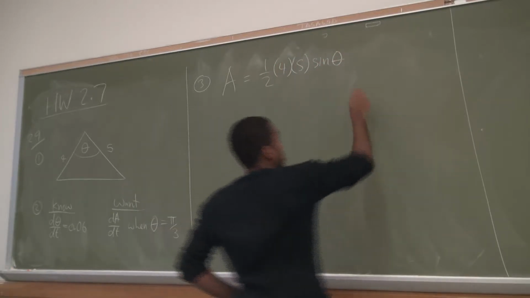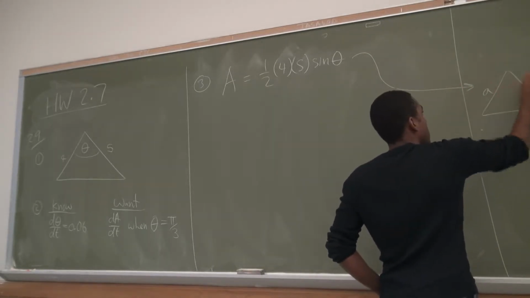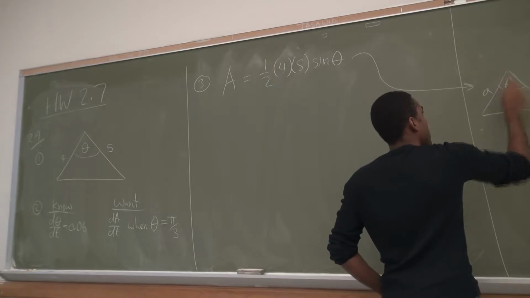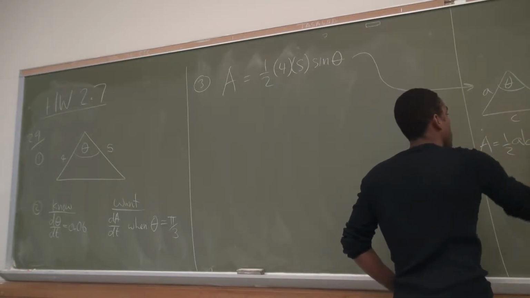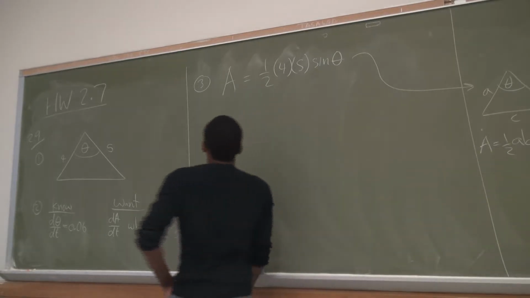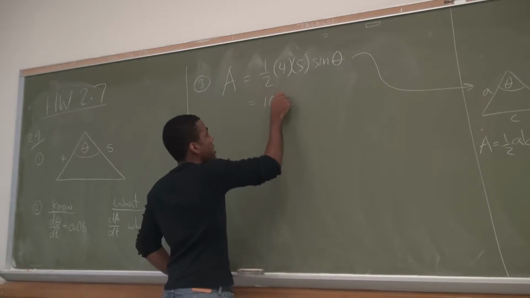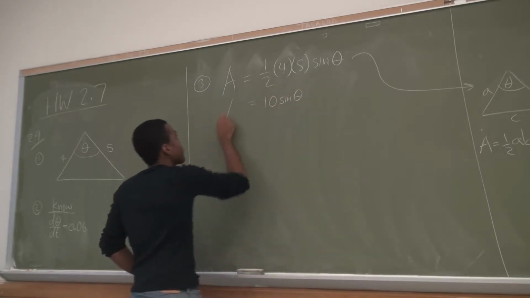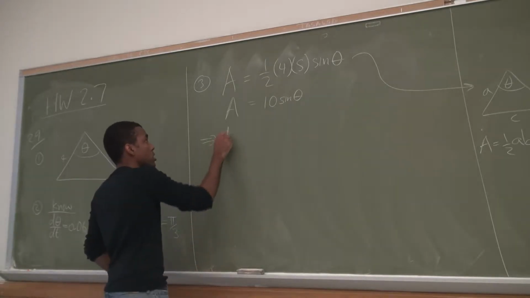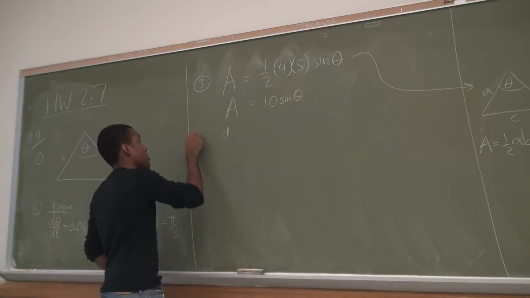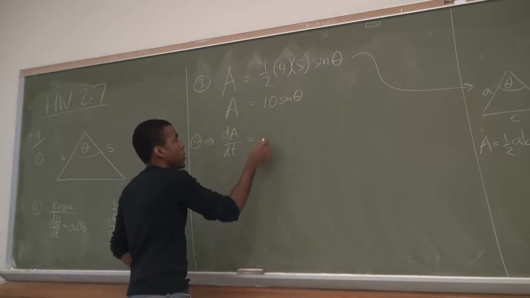This is from geometry class: if we have a triangle ABC with angle theta, the area is 1/2 ab sine theta. So that's our relationship. It's just 10 sine theta. Now you find the derivative with respect to t. That's step 4: take the derivative of this.